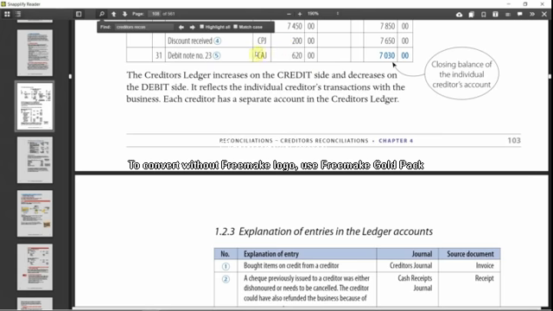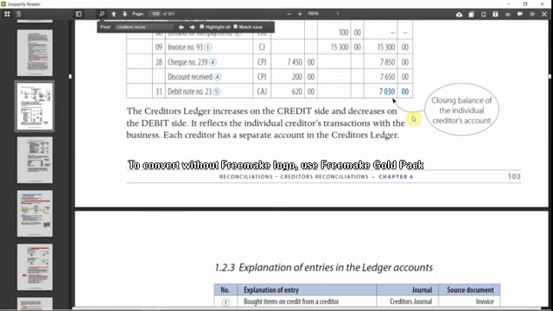And we know returns we record in our creditor's allowance journal. Again, because it's a debit, it decreases how much we owe. So this is now the closing balance, therefore, of this particular creditor's individual account.